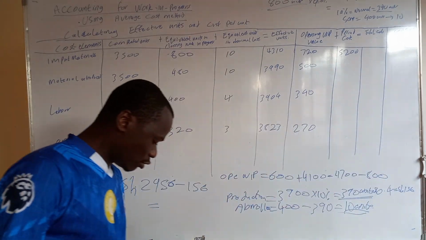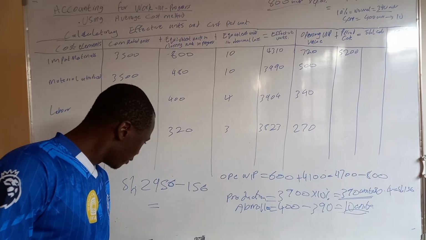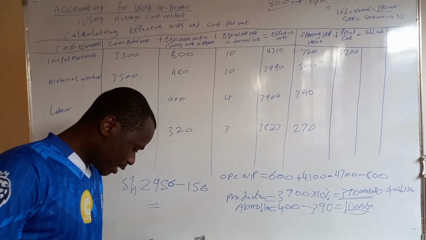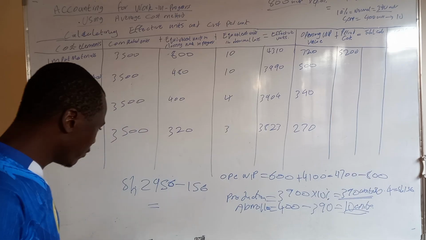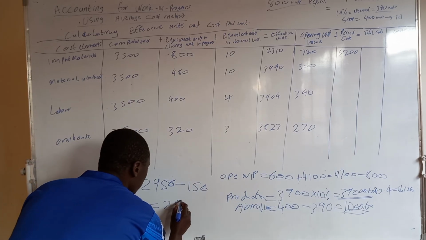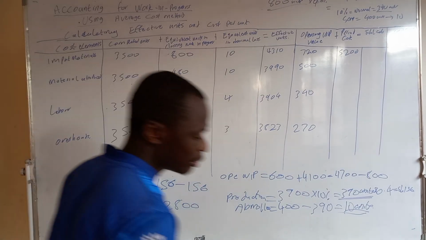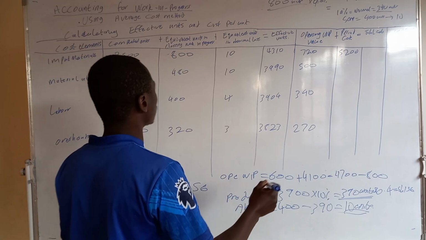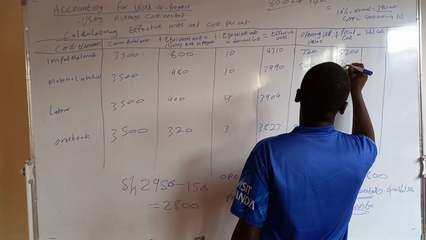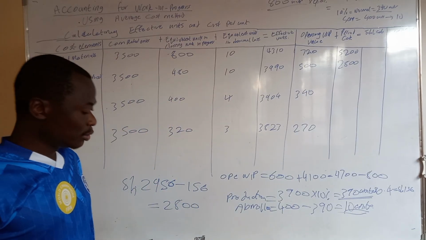So the cost now reduces. The cost we are now working with will be 2,956 minus 156, and this gives us 2,800. And that 2,800 is what we take as the cost.